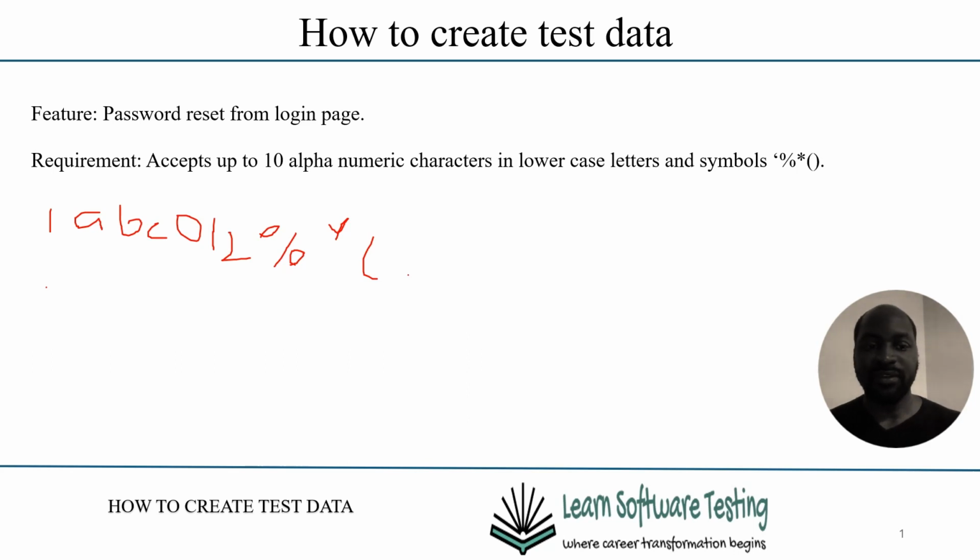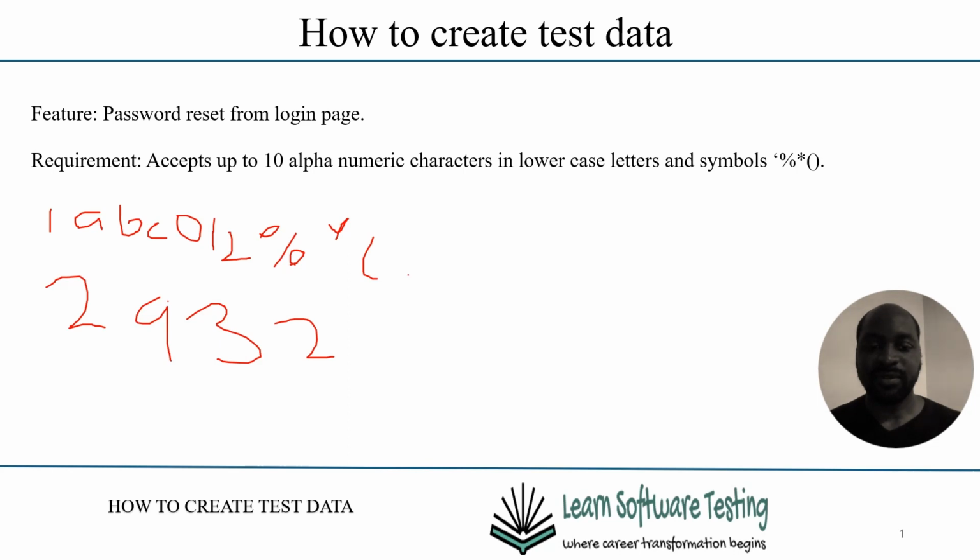You can see we've covered all the different combinations of data that we could use for that test. And for data two, you can expand on that. Let's start with the alphanumeric characters, in this case a number 9, a number 3, a number 2.